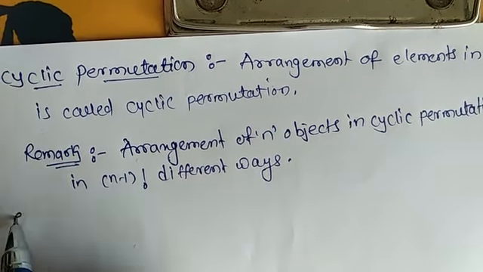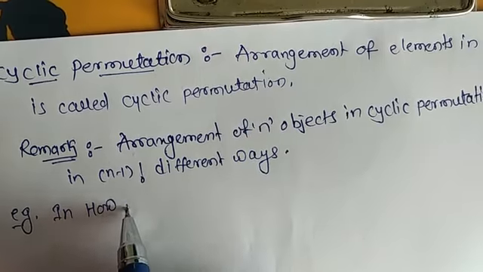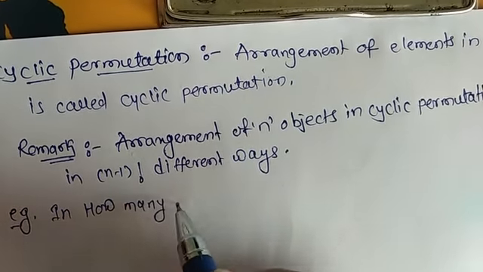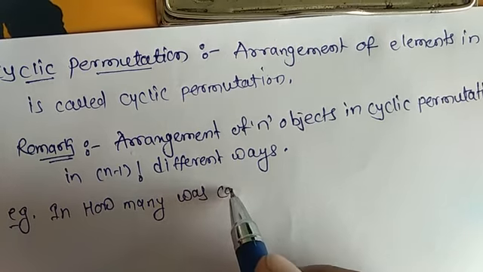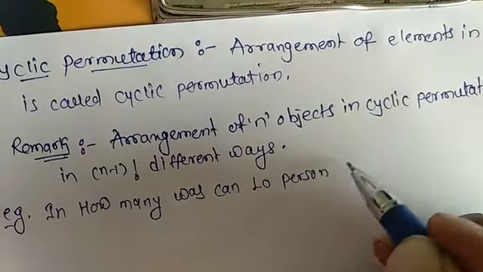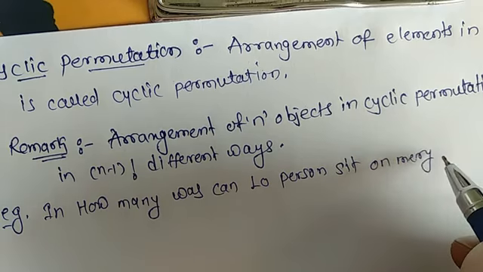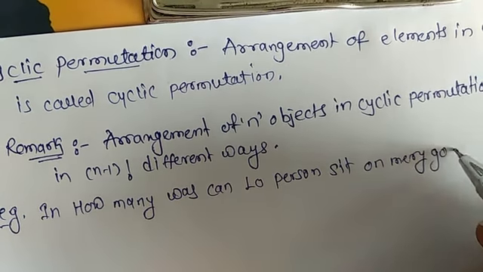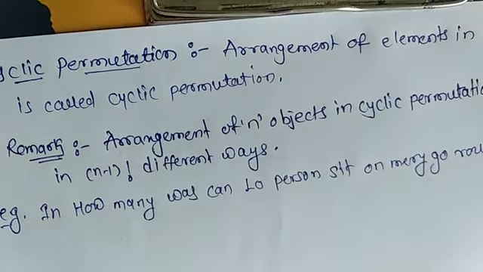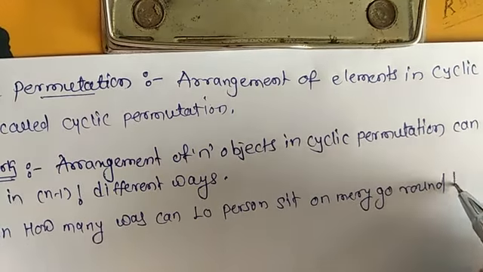For example, in how many ways can 10 persons sit on a merry-go-round having 10 seats?